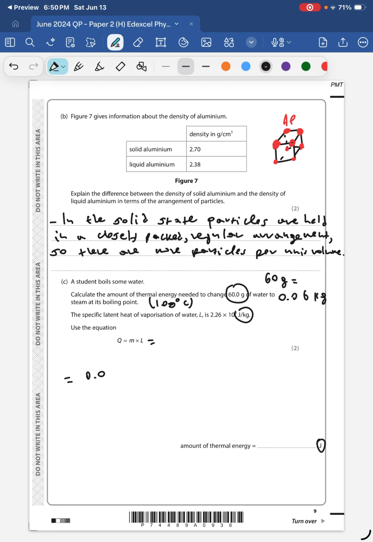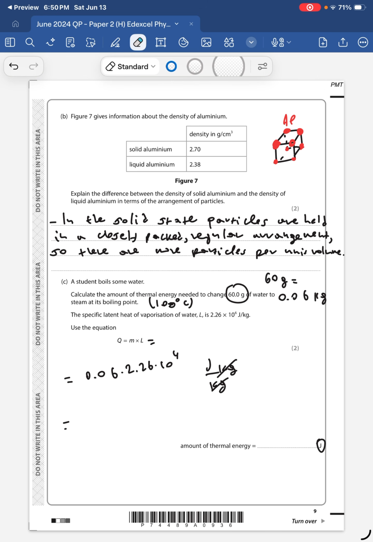Q is 0.06 kilograms times 2.26 times 10 to the 6 joules per kilogram. So kilograms cancel, and we are left with 0.06 times 2.26 times 10 to the 6. Something's wrong. 10 to the 6, I'm sorry. Yeah, I knew something was wrong.